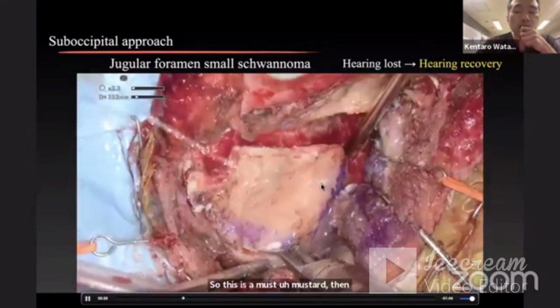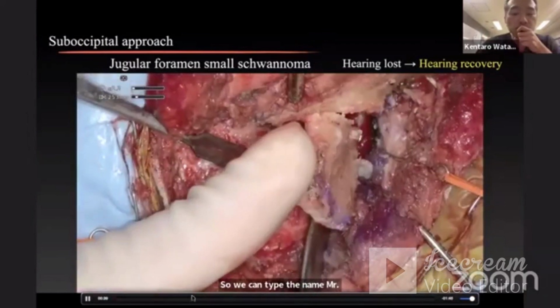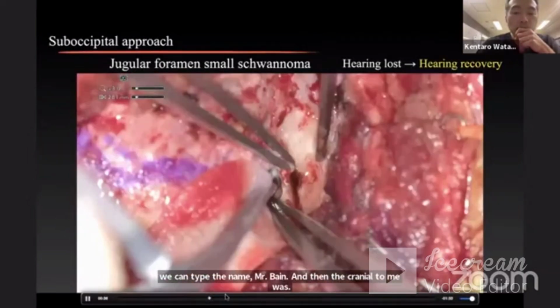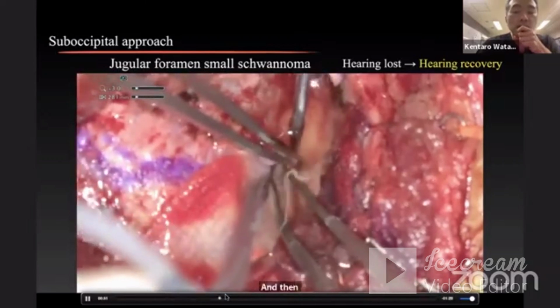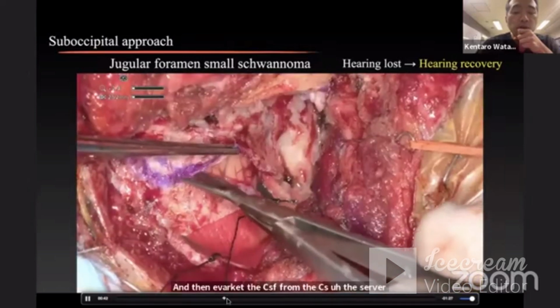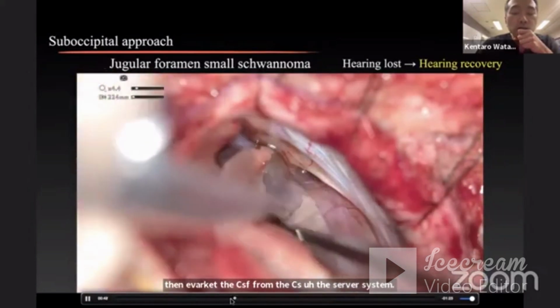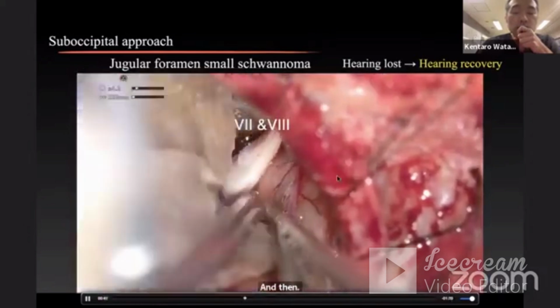So we can cut the emissary vein, and then the craniotomy was done. And then evacuate the CSF from the cerebellomedullary cistern, and then open the dura, and then see here, you can see the jugular foramen.